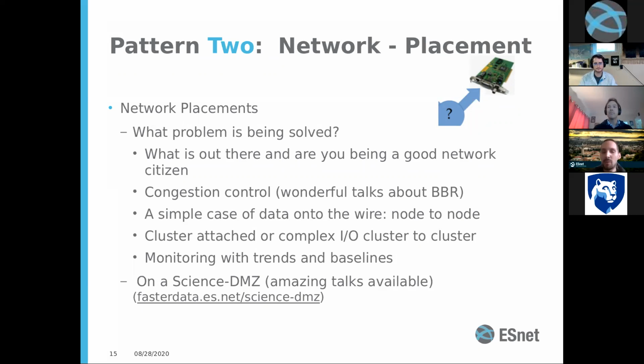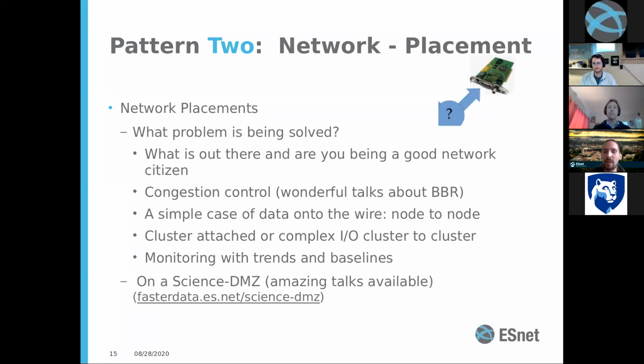First we've got to ask ourselves if we are a good network citizen, whether we don't want to put a 100 gigabit DTN on a 100 gigabit pipe where other data is flowing that might saturate the link and not help us too much. So working with network engineers and understanding what the network looks like, what flows through the pipes we want to put our DTN in, is very important.